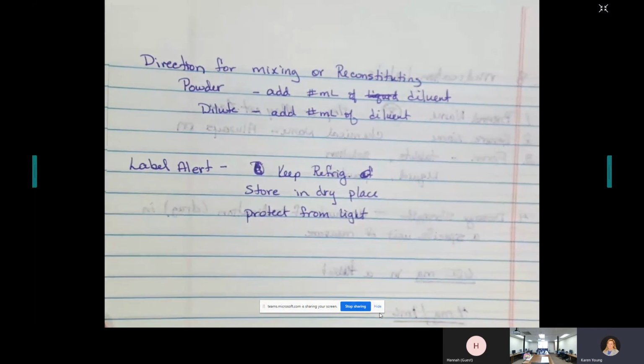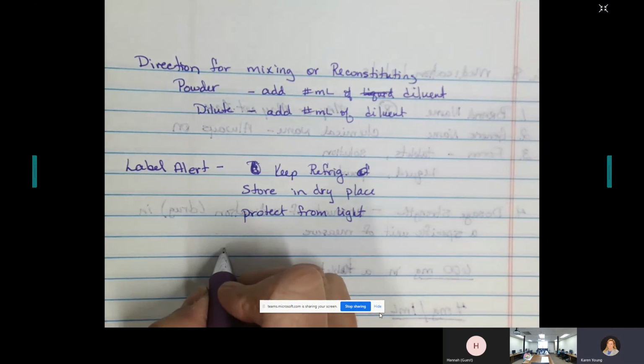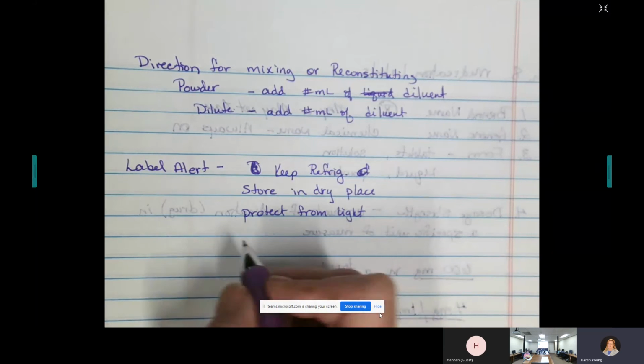And then sometimes the pharmacist may add a label. Do not drive or do not operate heavy equipment when taking this medication.